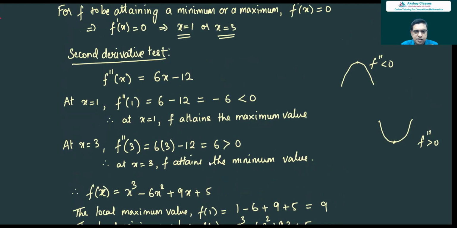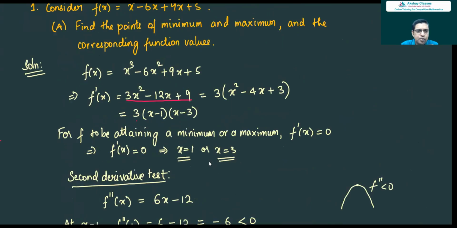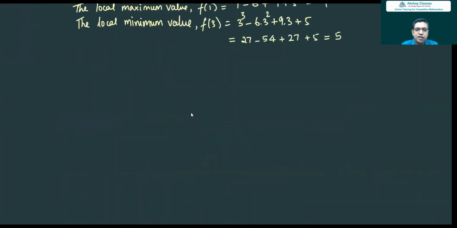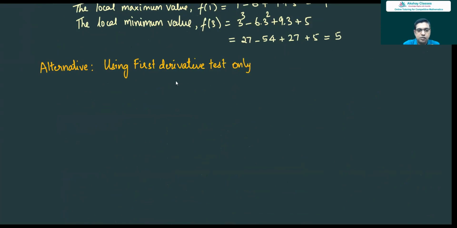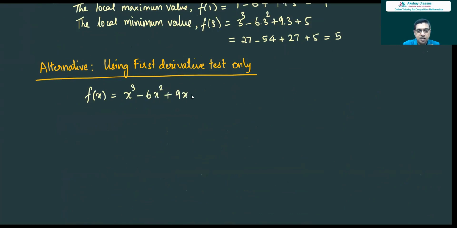That was the second derivative test. Now, I would wish to highlight an alternative method using the first derivative test. This is faster many times. So f of x is x cubed minus 6x squared plus 9x plus 5.